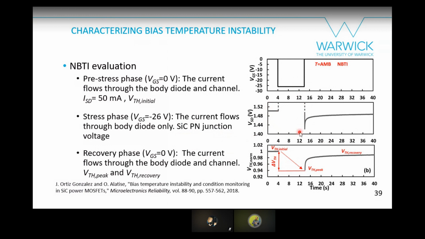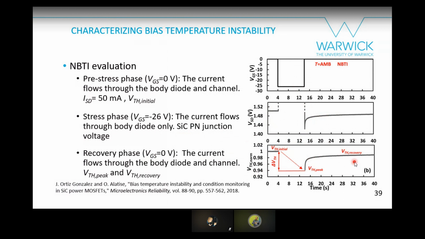In this case, it's around 70, 80 millivolts. And then during the recovery phase, VGS is 0. If the threshold voltage goes up, VSD goes up. And you can see that here. You have the peak and then it recovers, and you have a very, very fast recovery. So it goes down to -6%, and in the first seconds, it has recovered a lot.